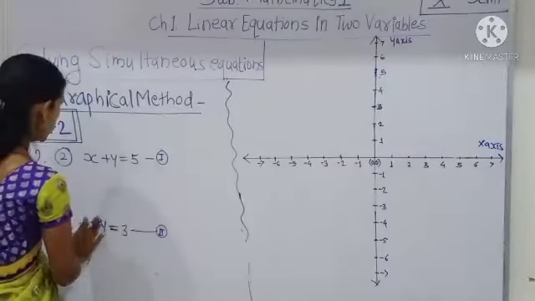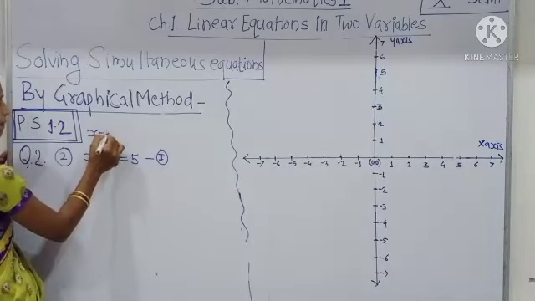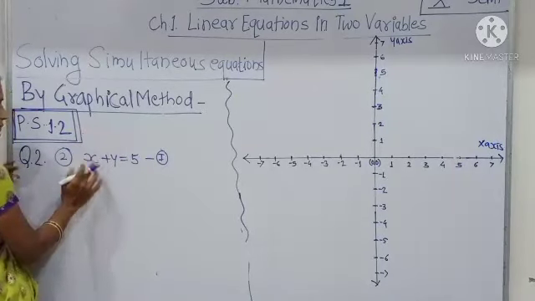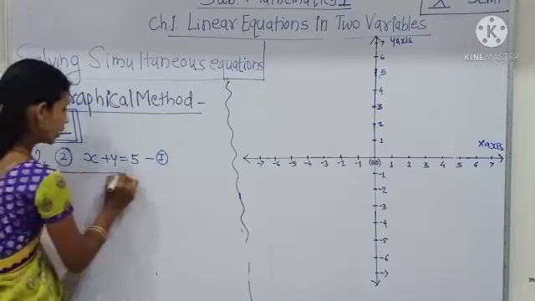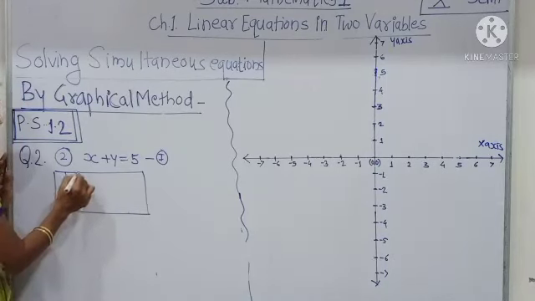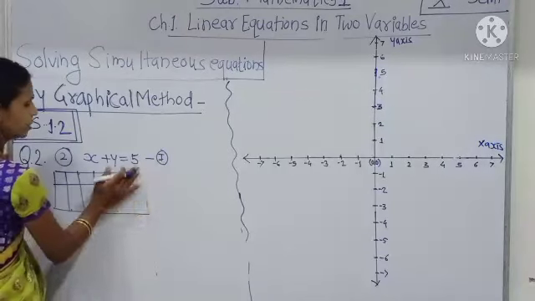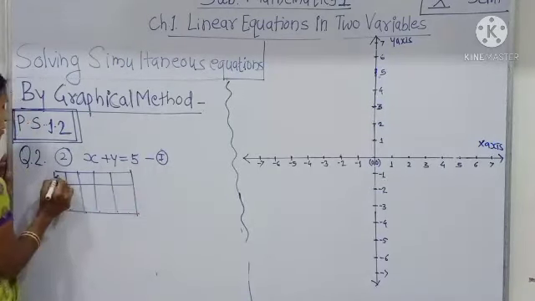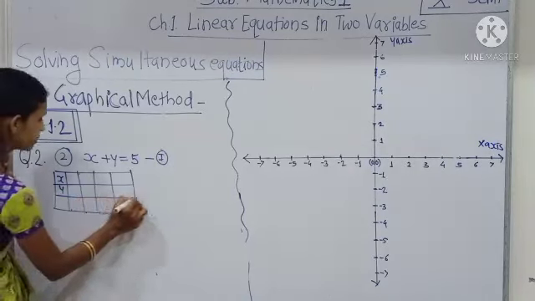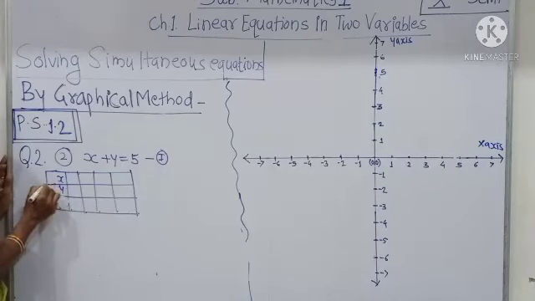First of all, we have to plot the graph for the first equation, that is, get the 4 sets of ordered pairs of x and y coordinates. See here, x and y coordinates. Then we can plot the graph for equation 1.